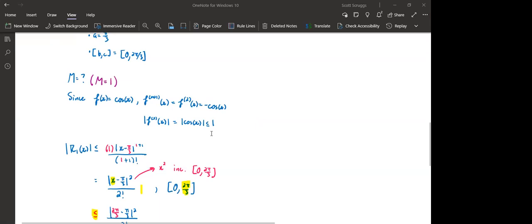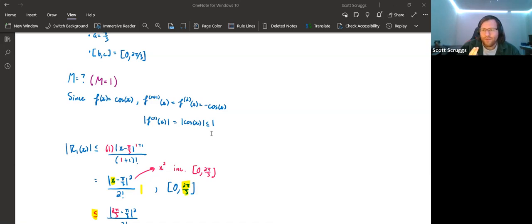So because our function is cosine, the n plus 1 derivative, no matter how much I work for it, will bounce back and forth between sine and cosine. It could be off by a sign, but it'll bounce back and forth. In this case, since n is equal to 1, I'll be taking the second derivative, which will be negative cosine.